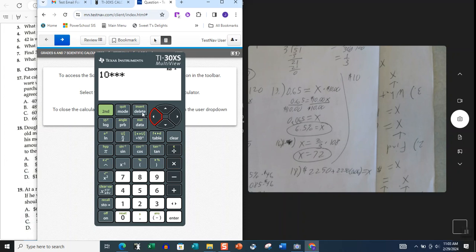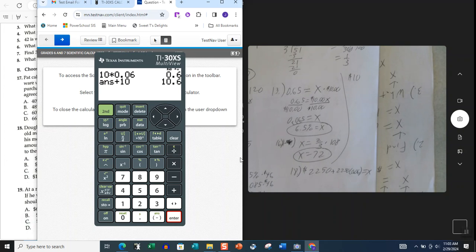So we multiply that by the 6% sales tax. So we know this is 60 cents. But you still have to add on the original $10 you paid. So you would pay $10.60 for the shirt.